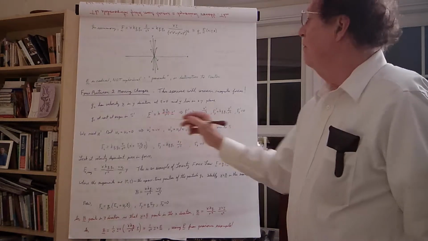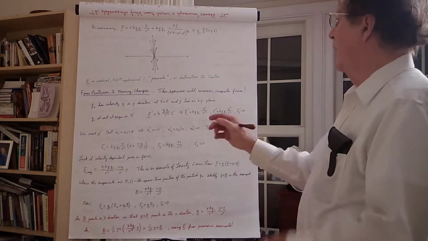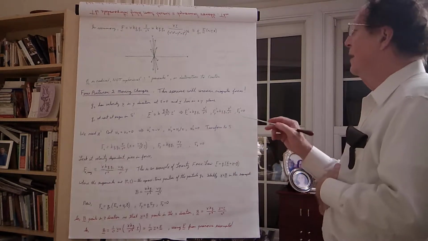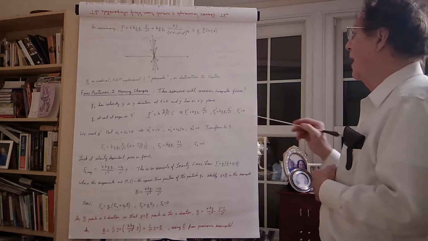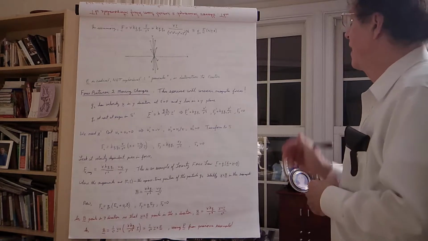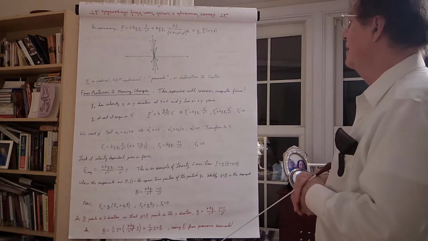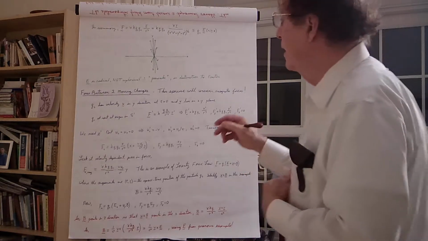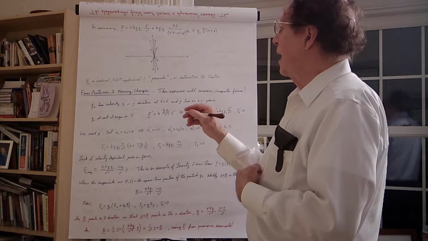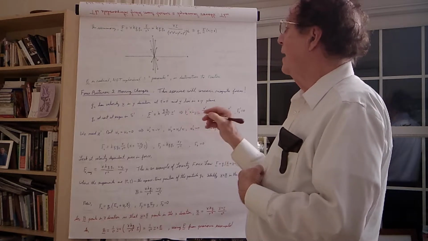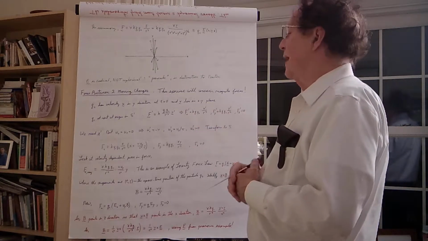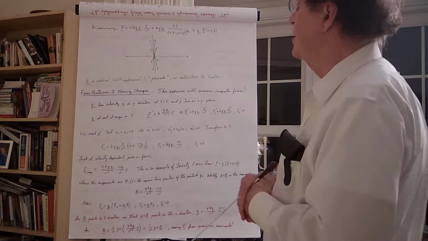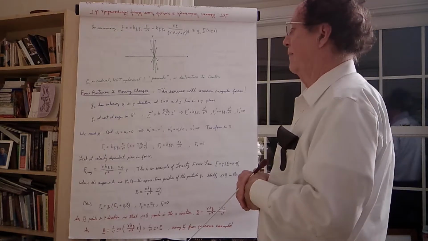Okay, Q1 remains at rest in the frame S prime, so I know what F prime is again. I'm not changing that whatsoever, so I know what F prime of x, y, and z is, and they're written down here. Now the next thing I need: I'm given u in the y direction in the frame S. I'll need to know what the velocity of Q2 is in the frame S prime.